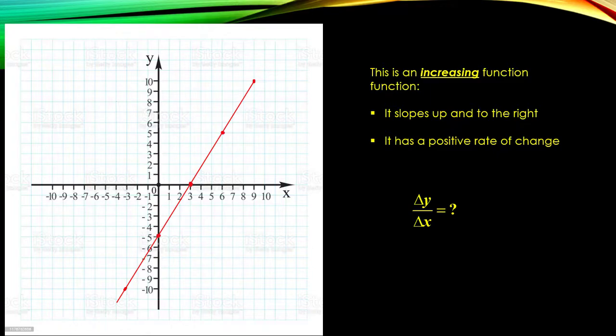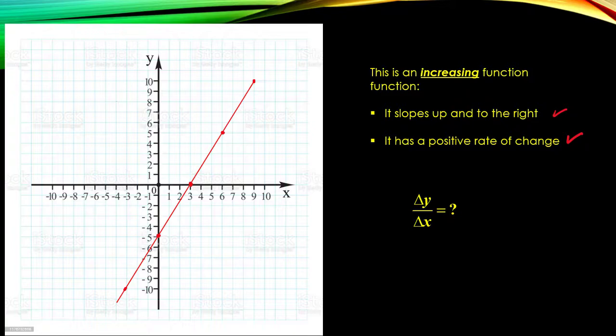Now here's one for you to do. Go ahead and pause the video and determine what the slope is. Just remember that we know it's an increasing function because it slopes up and to the right, and because it's an increasing function, it has a positive rate of change. I'll go ahead and do the solution now.